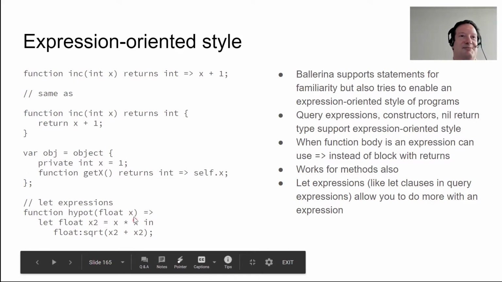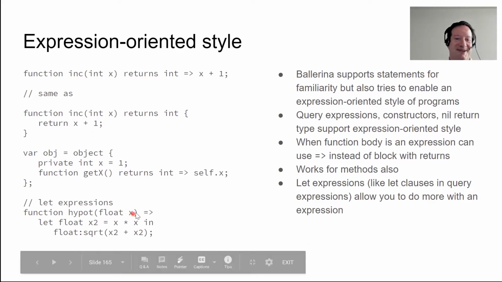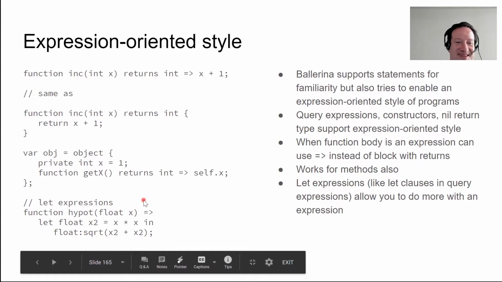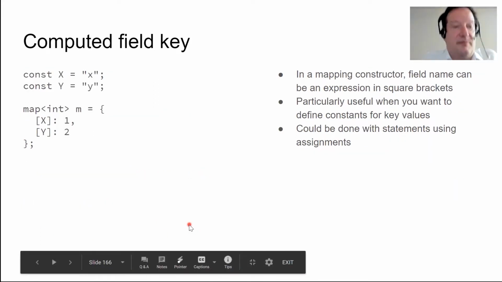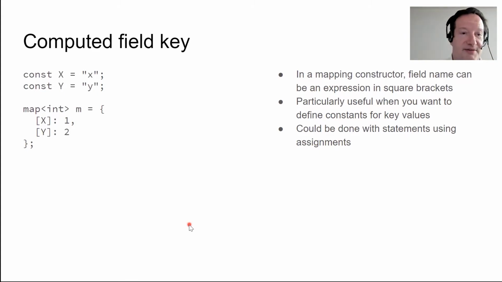Anyway, I think that's supposed to be xy. I think I've forgotten my maths. Anyway, that's not a very good example. But the point is you've got a let here, and you can have a temporary variable, and that allows you to do more with expressions.